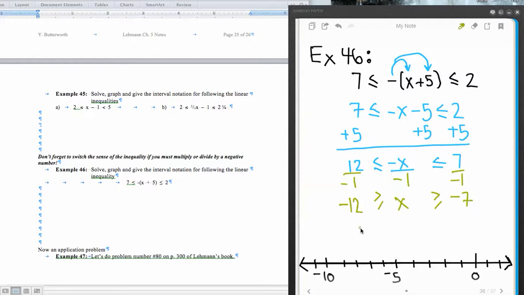Then we are going to have to move this around, the negative 7 over on this side, the negative 12 over on this side, the x in the middle, with less than or equal to here and here, and then we can read it and we see bigger number, smaller number, and so yes, this is going to be a null set.